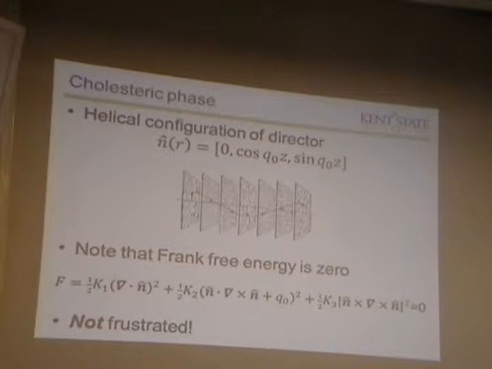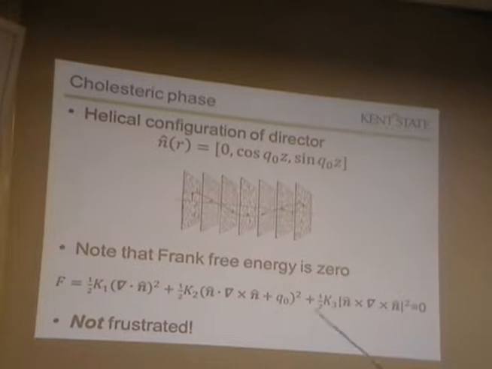Question: So this helical configuration with Frank free energy, which is 0, does it mean that the system is in the ground state or is not frustrated or what? Both, yeah. The system is in its ground state. This is the minimum of the free energy.